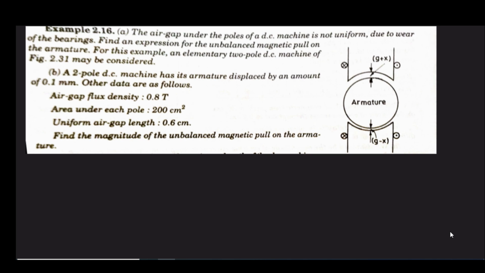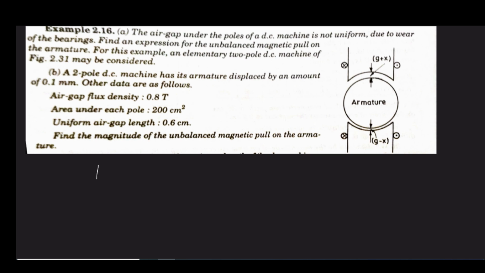So how can we proceed? First of all, what is the force with which a pole pulls the armature, means each pole pulls the armature, how much is it?